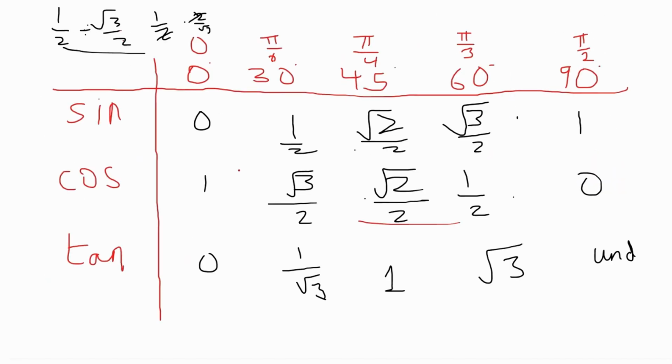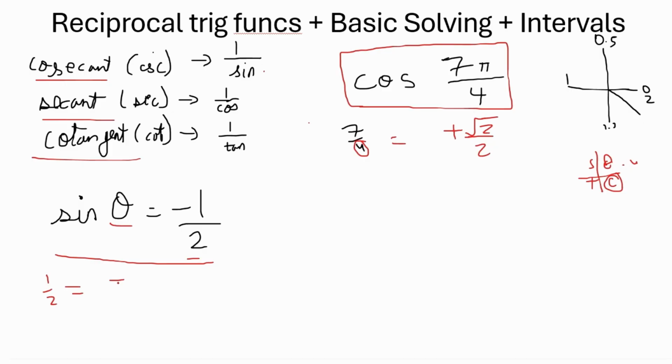If you look at your table, sine of pi by 6, which is 30 degrees, that's your reference angle. And now you do the CAST rule again, and you see, okay, sine is negative in quadrant 3 and 4. So your lines look like this and this.